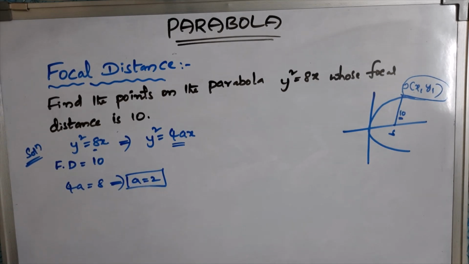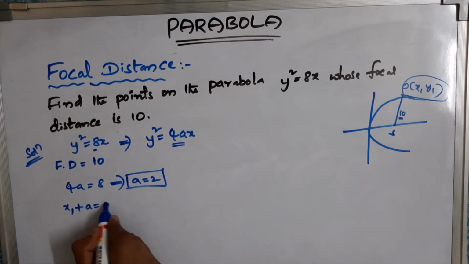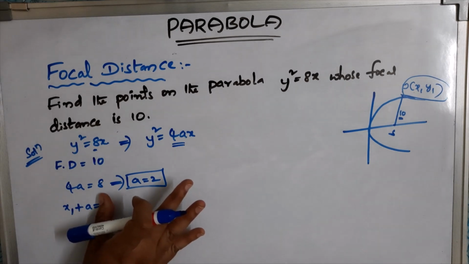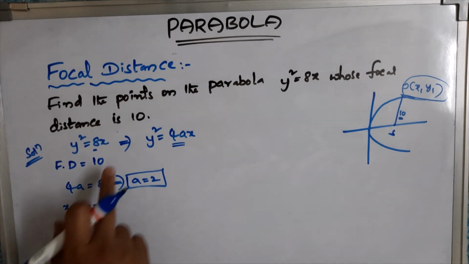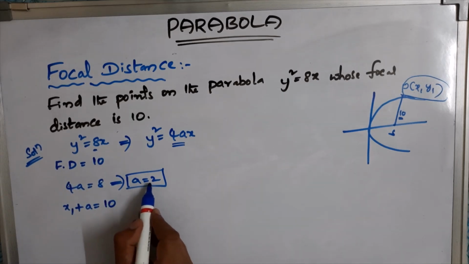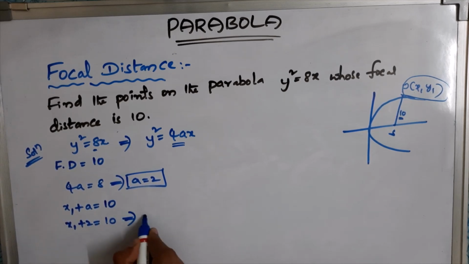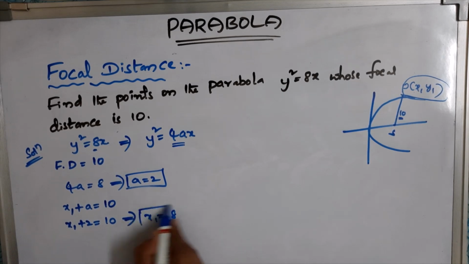We already discussed in the focal distance topic: what is the focal distance? x1 plus a, but it is already given as 10. We know the value of a is 2. Substitute: x1 plus 2 is equal to 10, so x1 is equal to 8.